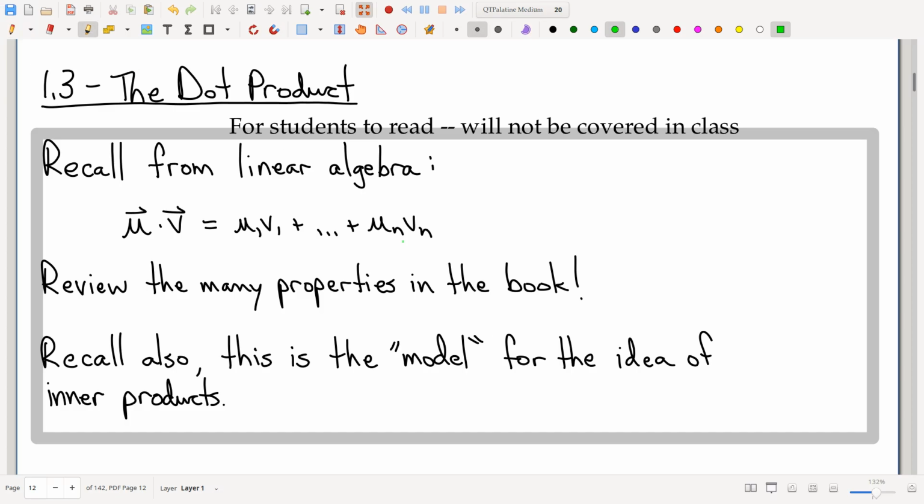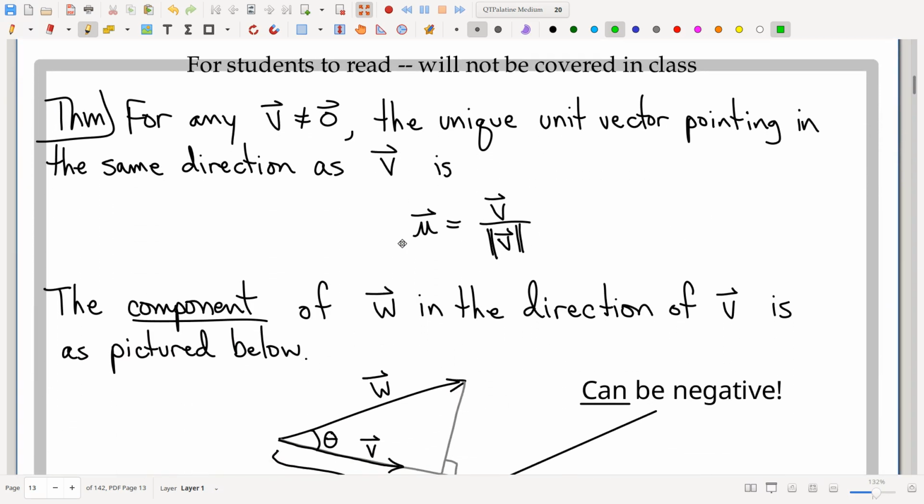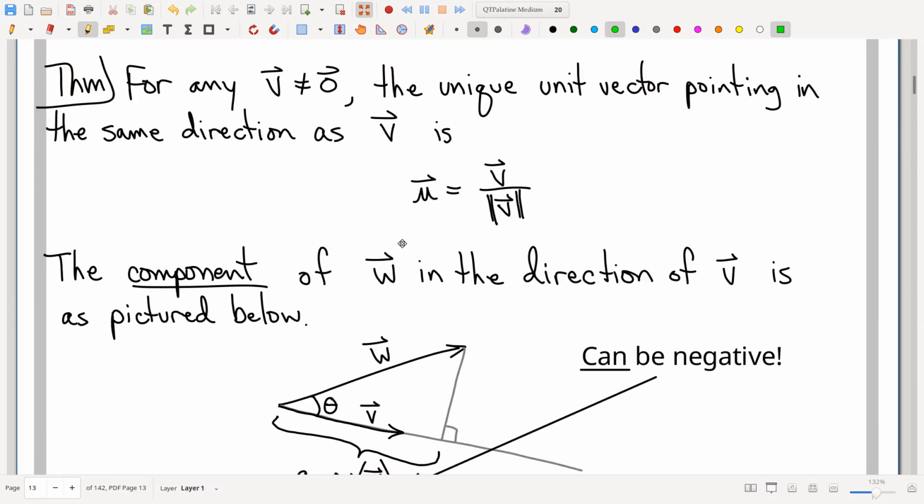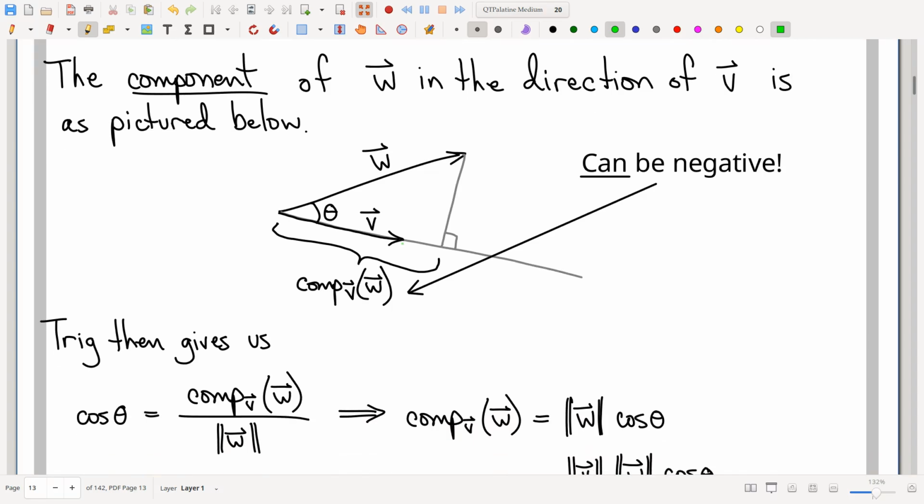Likely candidates are components. Very, very possible you haven't seen components before, so let me say a quick word about components. The idea is that if you have a vector, W, and you want to know, okay, to what extent does that point in the direction defined by some other vector, V, right?